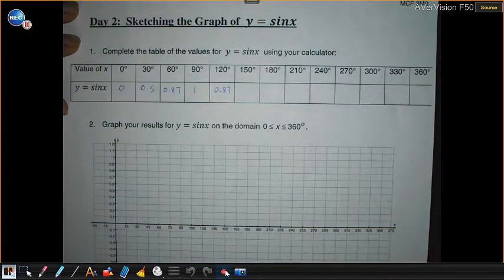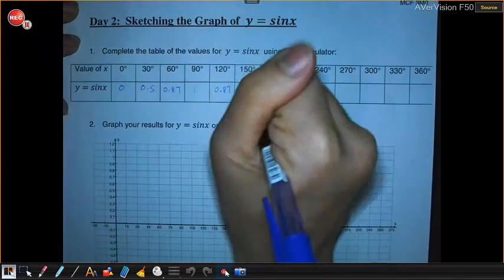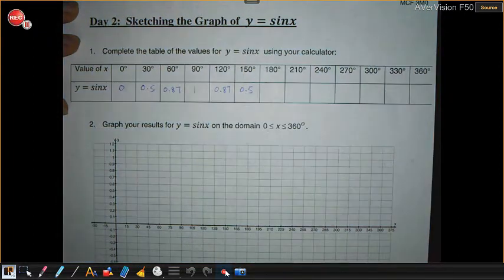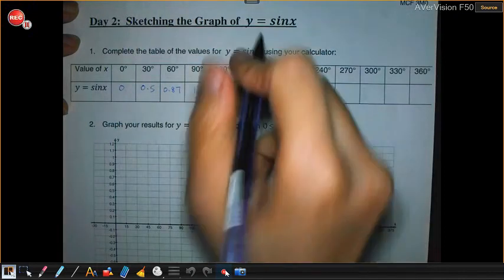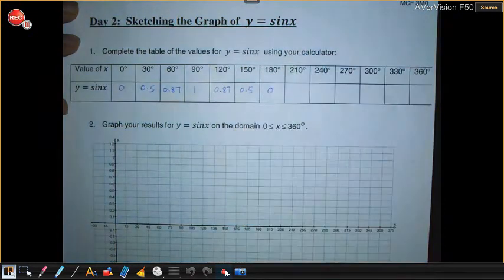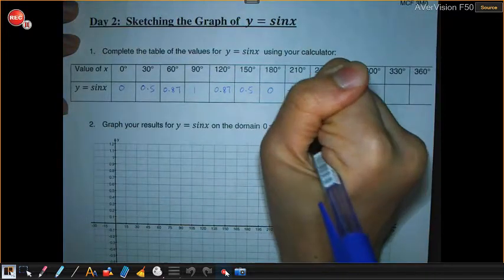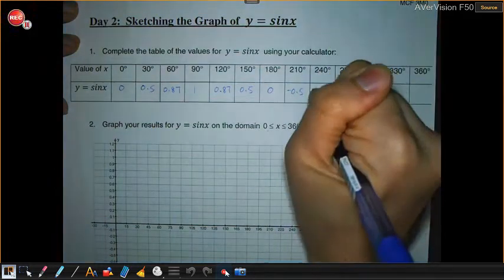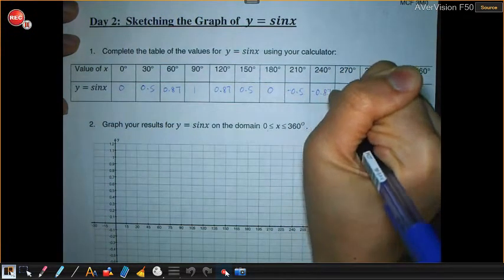Sine 150, 0.5. Sine 180, 0. Sine 210, negative 0.5. Sine 240, negative 0.87.